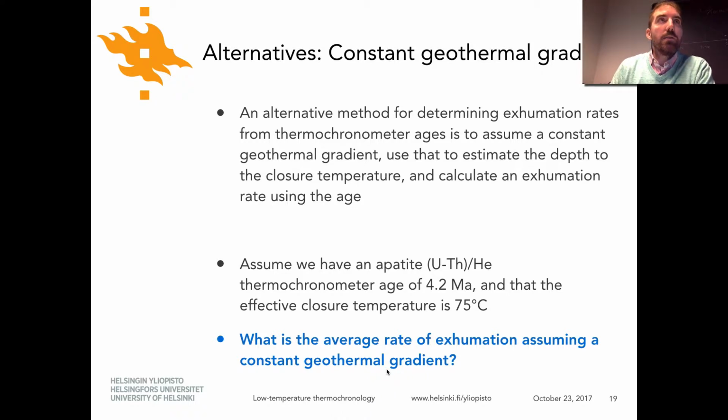I have not given you that gradient because I'd like you to take a guess. Use some value that you think is a reasonable number for a geothermal gradient, and just take a moment to calculate what the exhumation rate would be.